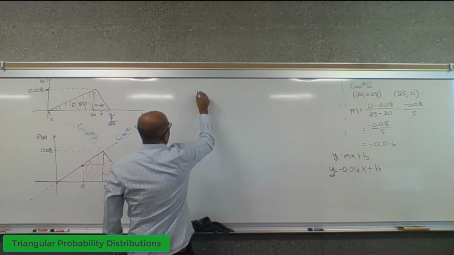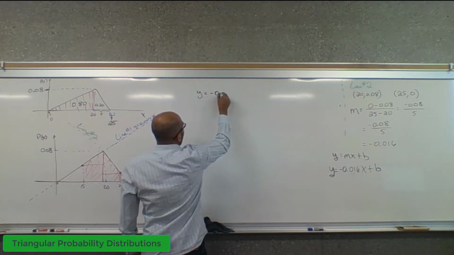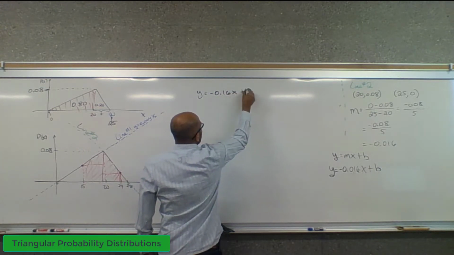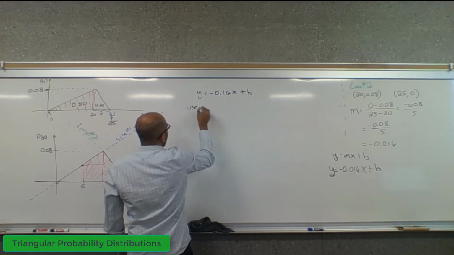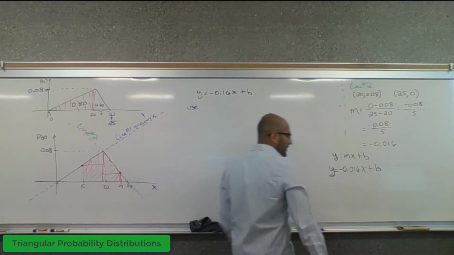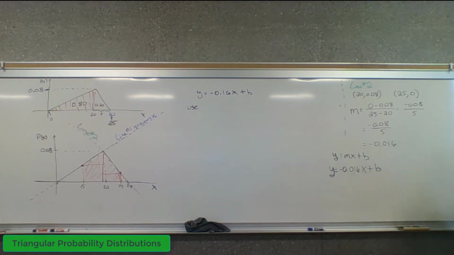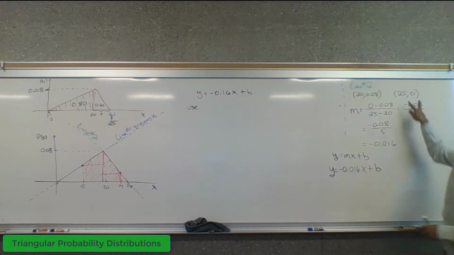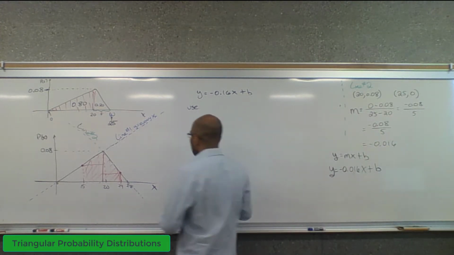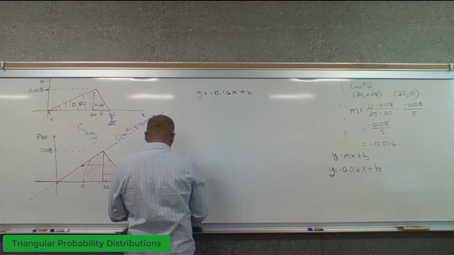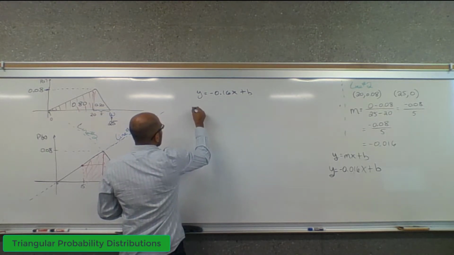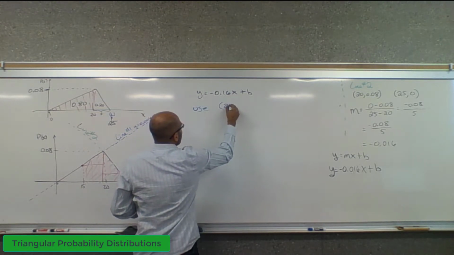So I have y equals negative 0.016x plus b, and I'm gonna use the point 25, 0. I can use any point I want, but why not use a good one? It has 0 on it, so it should be a little easier than the one that doesn't have a 0 on it. So use 25, 0.